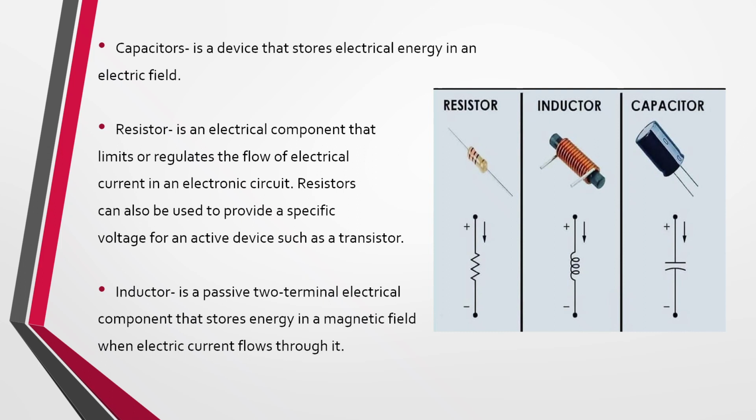Resistors can also be used to provide a specific voltage for an active device, such as a transistor, or an output device of some sort. And an inductor is a passive two-terminal electrical component that stores energy in the magnetic field when electrical current flows through it.